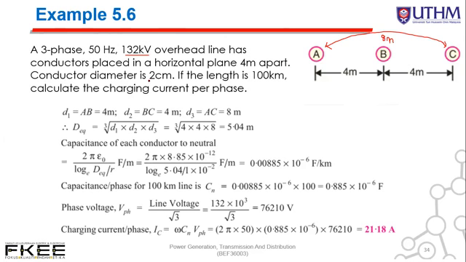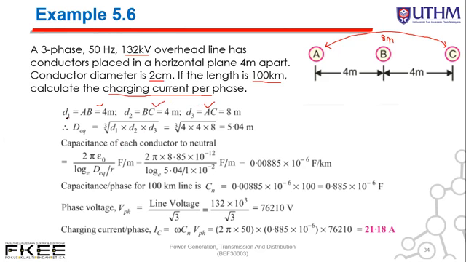Conductor diameter is 2 centimeters, so radius will be 1. If the length is 100 kilometers, calculate the charging current per phase. Basically given D1, that is AB equal to 4 meters, D2, BC equal to 4 meters, and D3, AC equal to 8 meters.